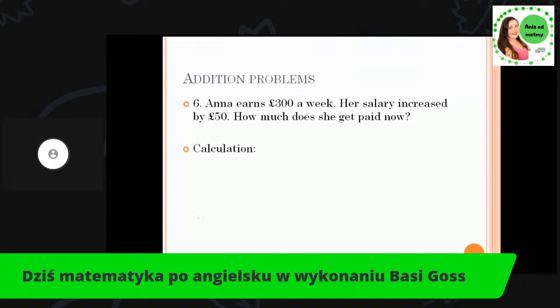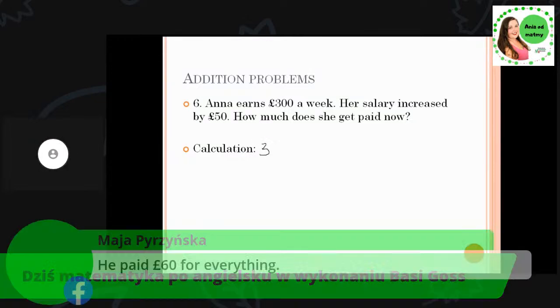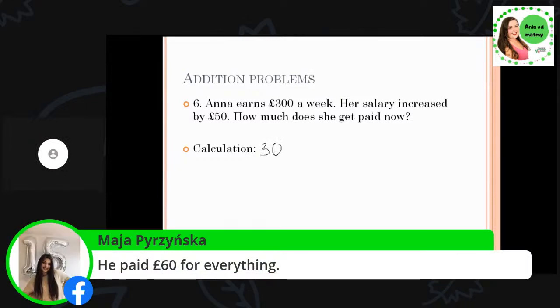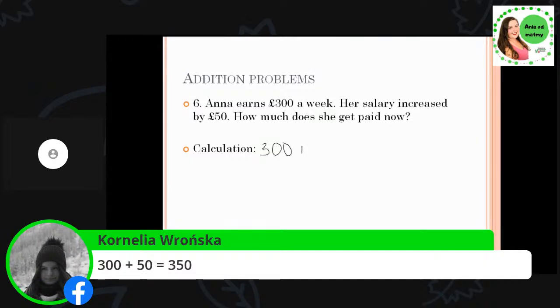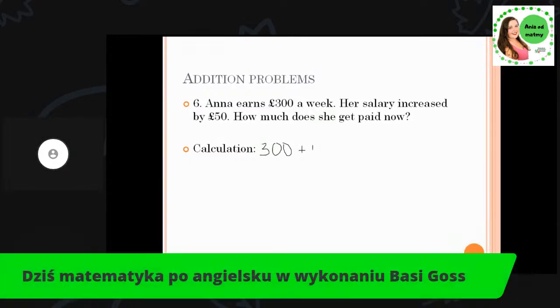And the calculation is 300 plus 50 equals 350.